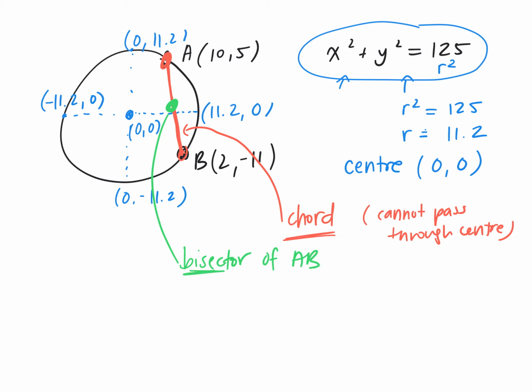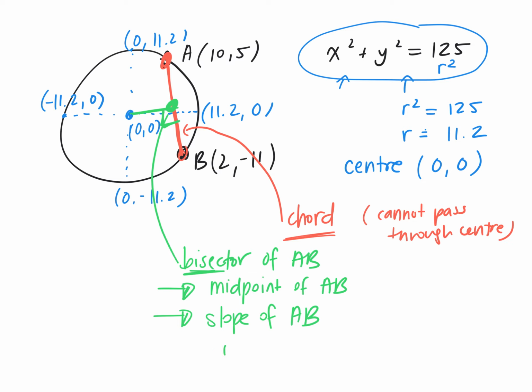What does that mean, to bisect? It cuts to the midpoint. So we know we have to find the midpoint of AB. Then we have to find the equation of a line that is perpendicular to AB. So once we find the midpoint of AB, then what do we have to find? We have to find the slope of AB because we're trying to find an equation of a line that's perpendicular to that. Does that make sense?